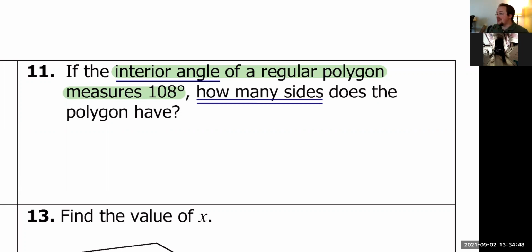So this one tried to trick me. It almost made me want to do 360 divided by 108. No. I need to figure out the exterior angle that would be attached to a 108-degree angle.